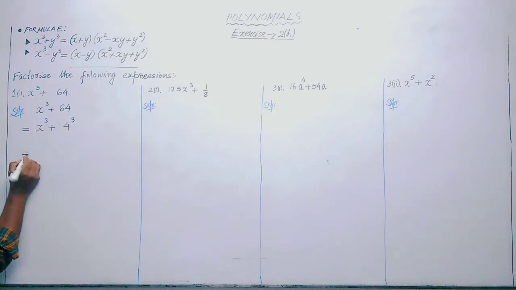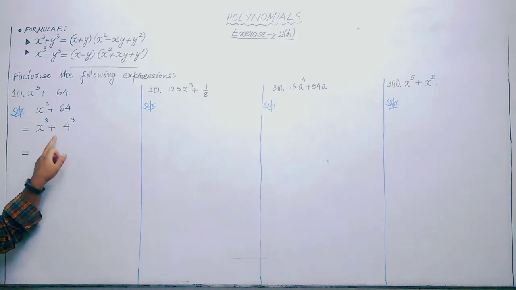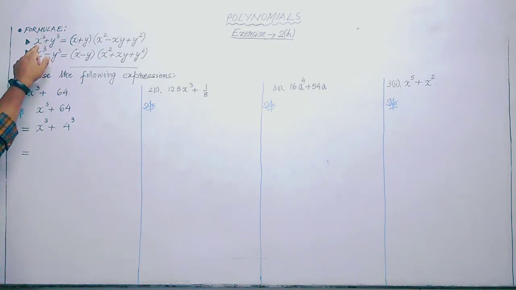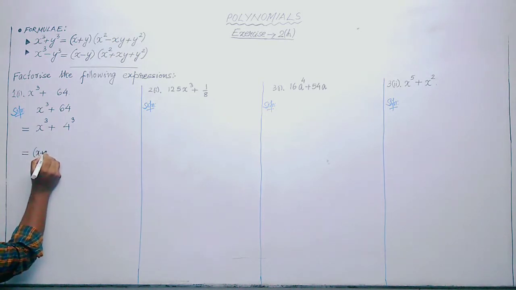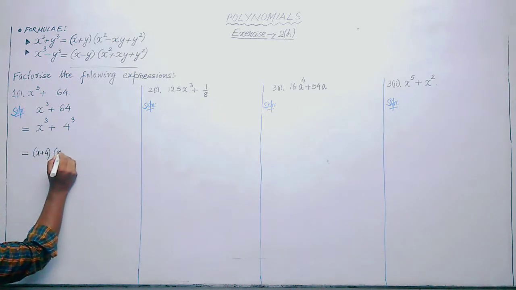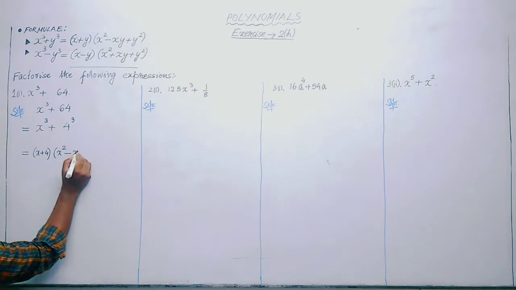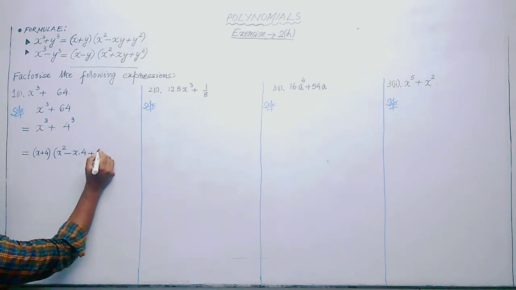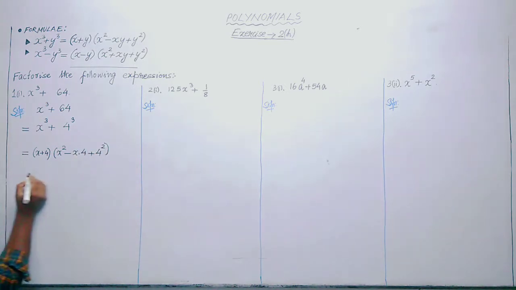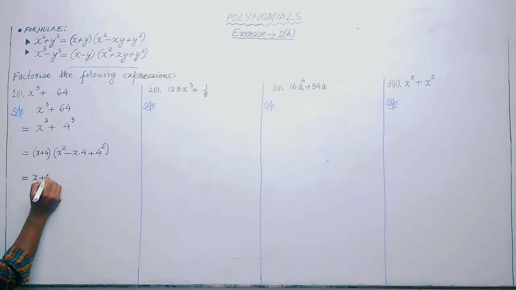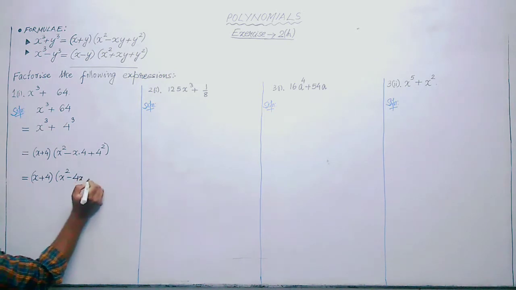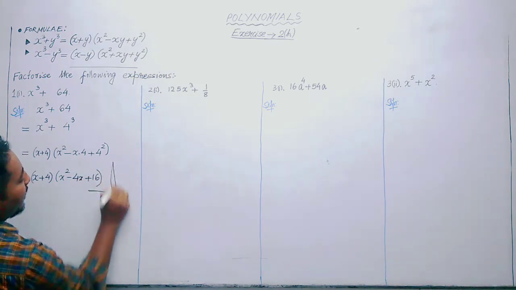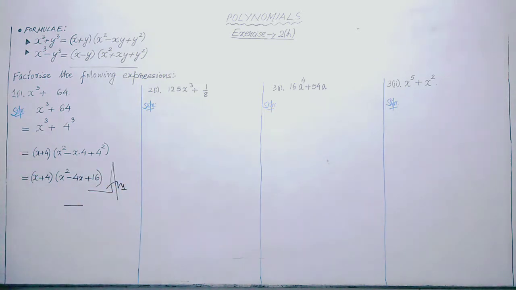Now, if you compare this expression x cube plus 4 cube with the first identity, x cube plus y cube, you will have x plus y, then comes x square minus x into y plus y square, which will give you x plus 4, x square minus 4x plus 16, and that is your required answer.